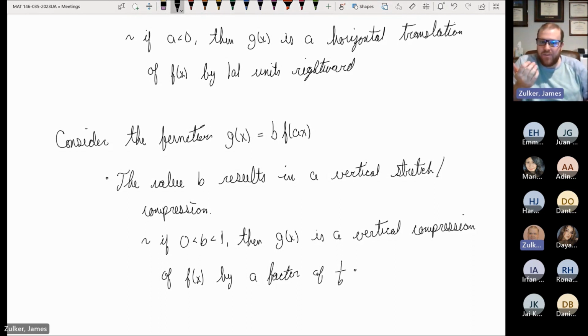So if b is a half, then f of x gets compressed vertically, so you're squeezing it in the vertical direction by a factor of 2.